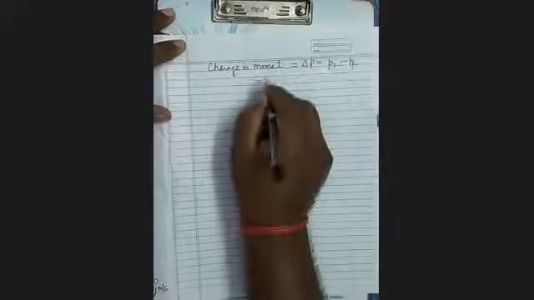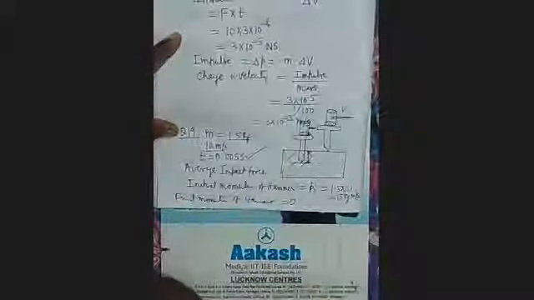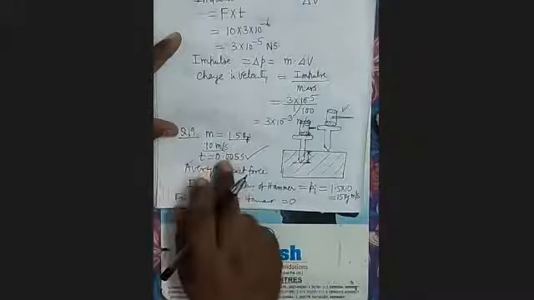Delta P equals Pi minus Pf, that is 15 minus 0, which is 15 kilogram meter per second. And this momentum changes in this time.